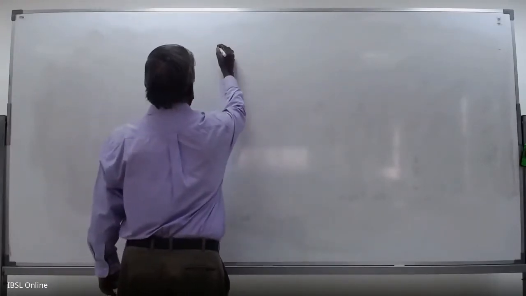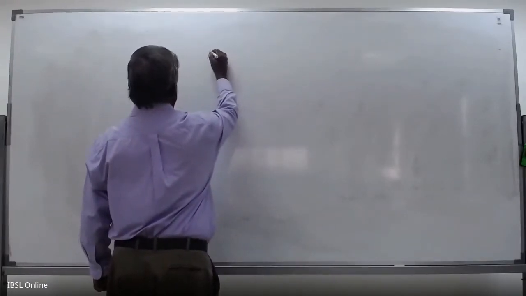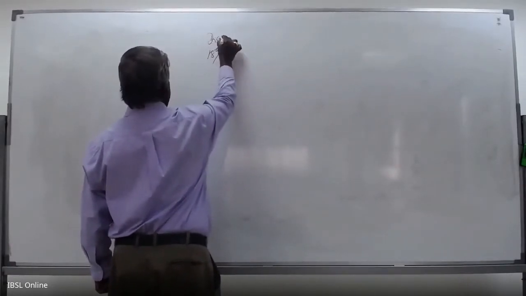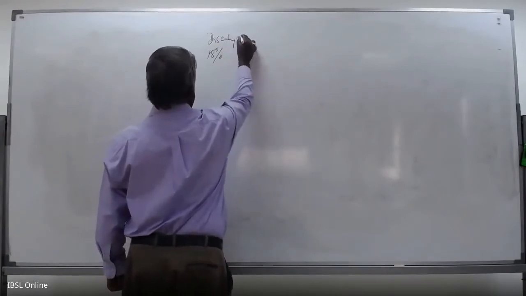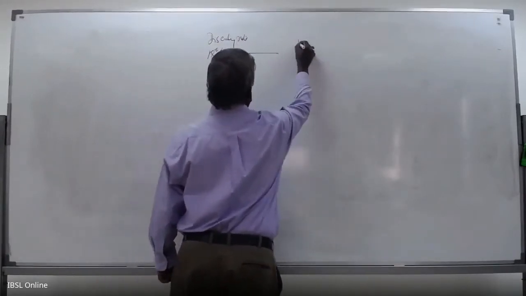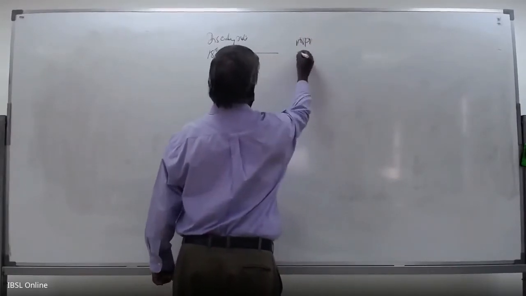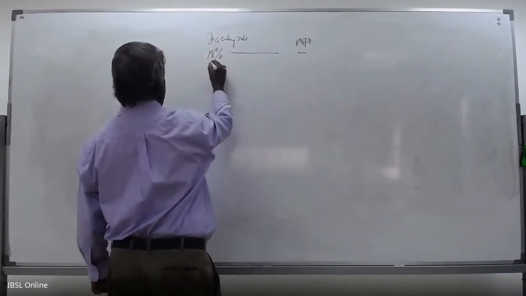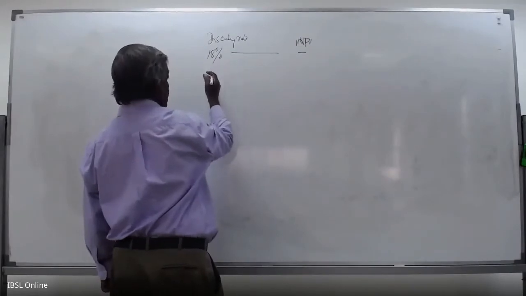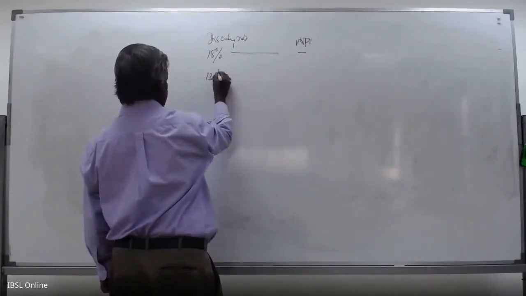Sometimes we start from, say, maybe 18%. We start with a discounting rate of 18%. Then the NPV maybe minus. So we take a difference of 5%, 13%.